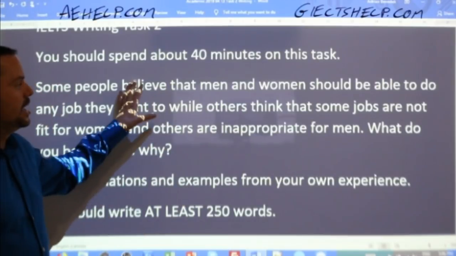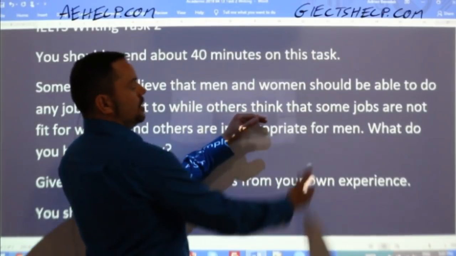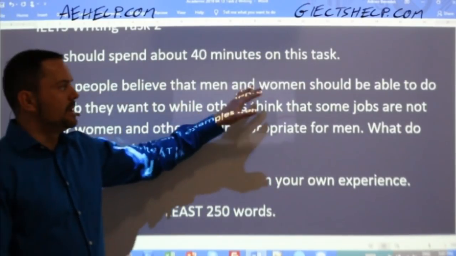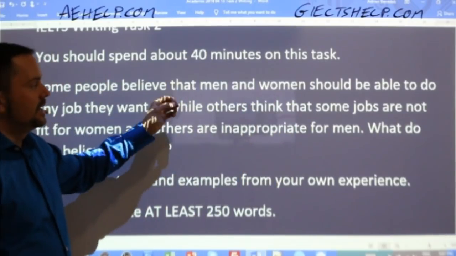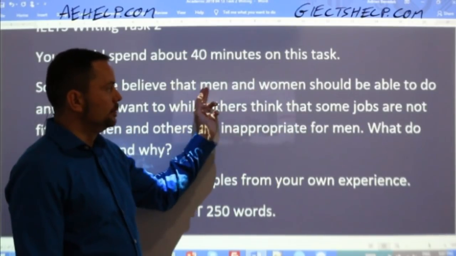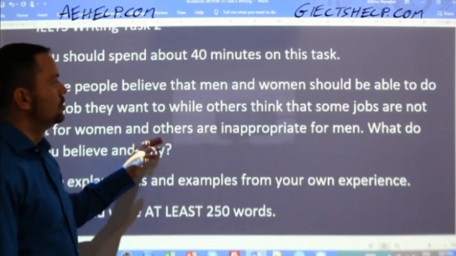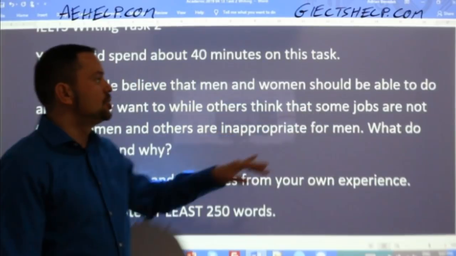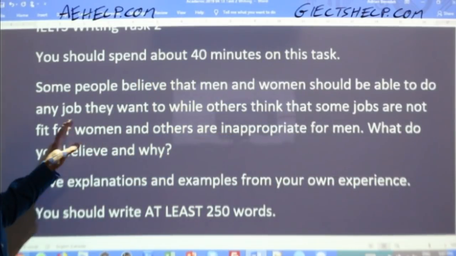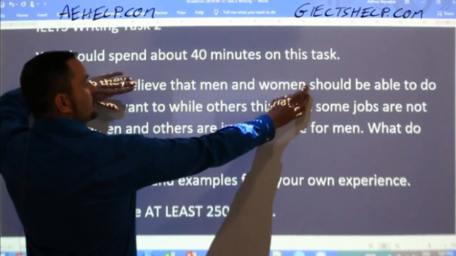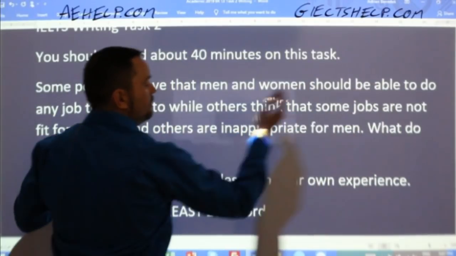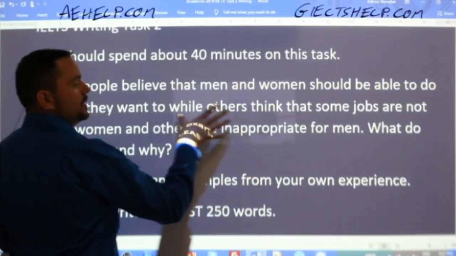So right away, if we stop here, you should realize that we're talking about men and women. If we want to say that in a simpler way, in one word, we can say genders, right? We're talking about genders. So some people believe that men and women should be able to do any job. So this here is your topic, and all of this that comes after is the controlling idea.